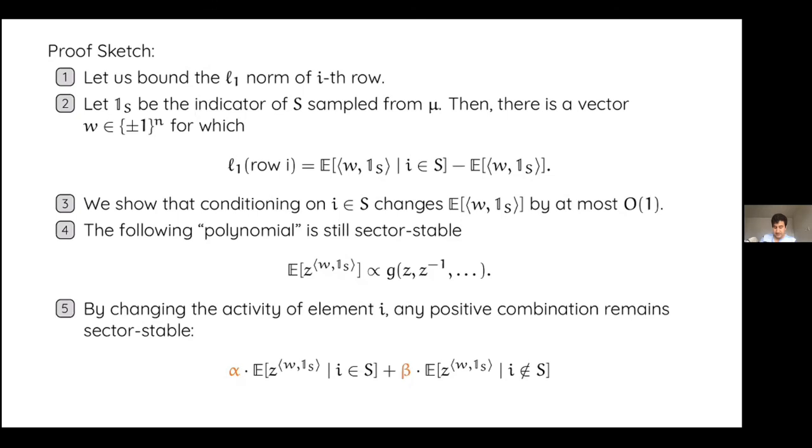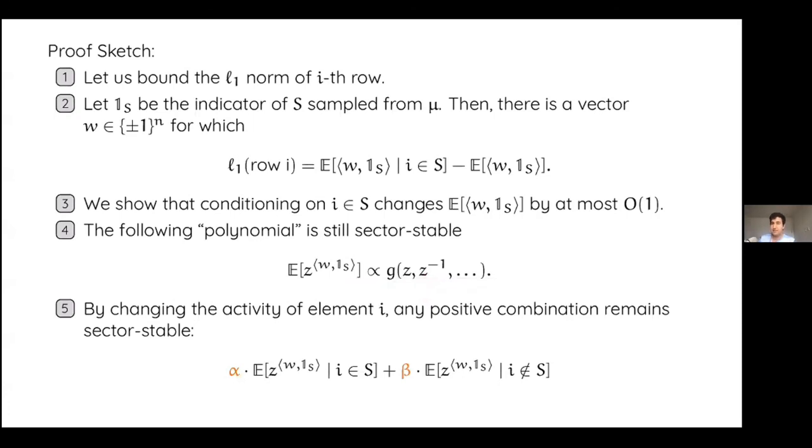So this is now a univariate polynomial in just one variable Z, and you can obtain it from the multivariate polynomial corresponding to mu by doing this substitution. For every entry of W that was a +1, put in the variable Z to the +1. For every entry that was a -1, put in Z to the -1. That gives you exactly the same thing.